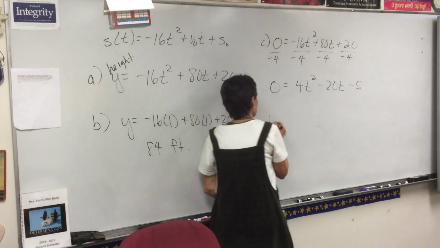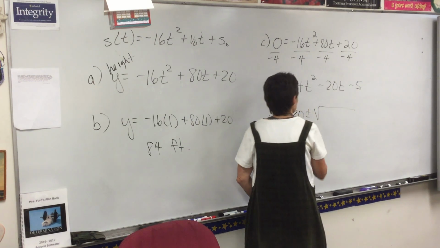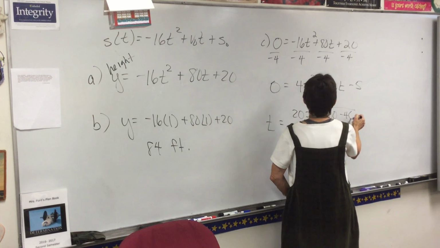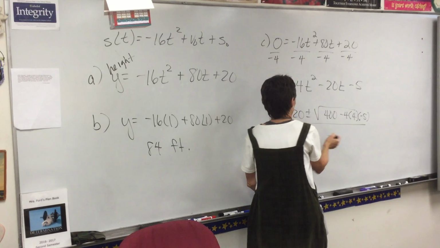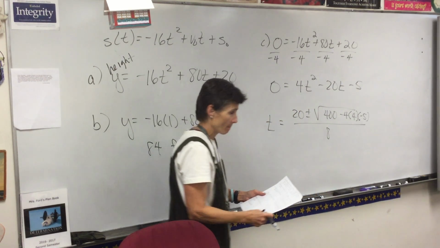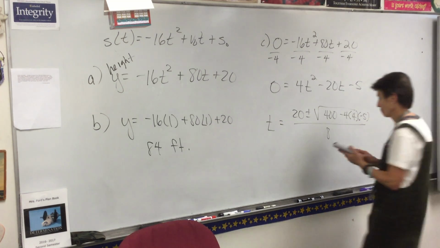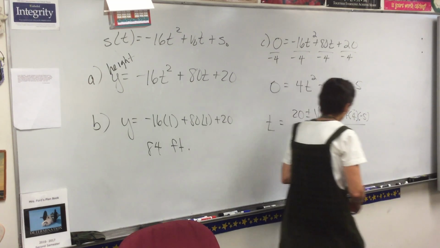So here we go. t equals -b plus or minus the square root of b squared minus 4ac, all over 2a. I'm going to figure out what all that is first.